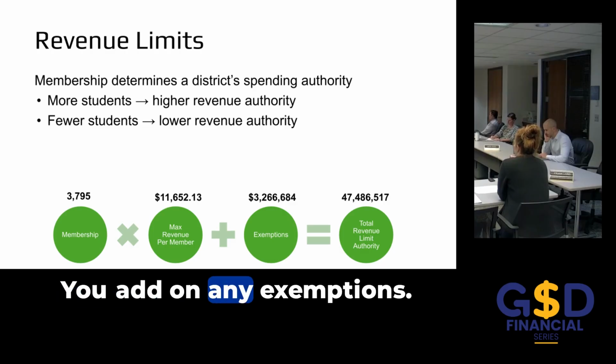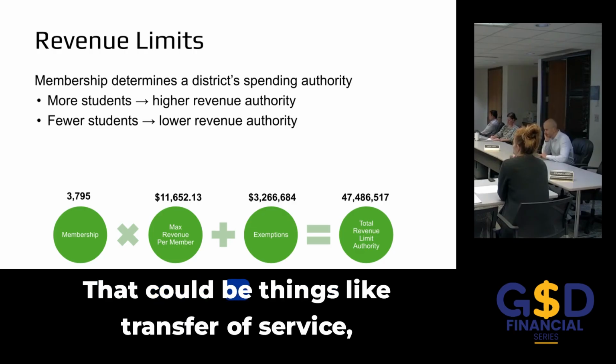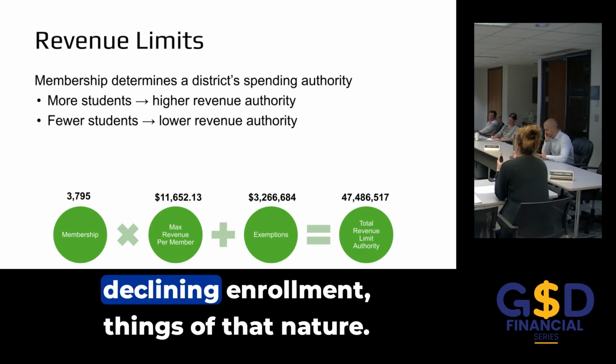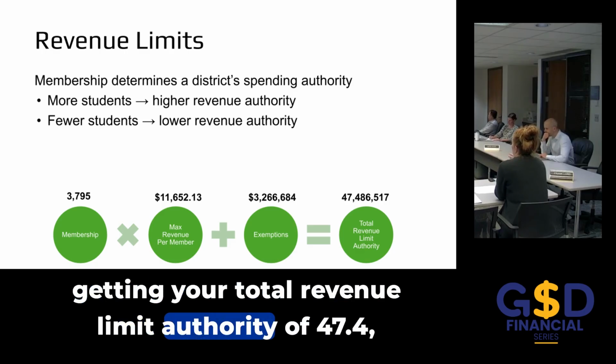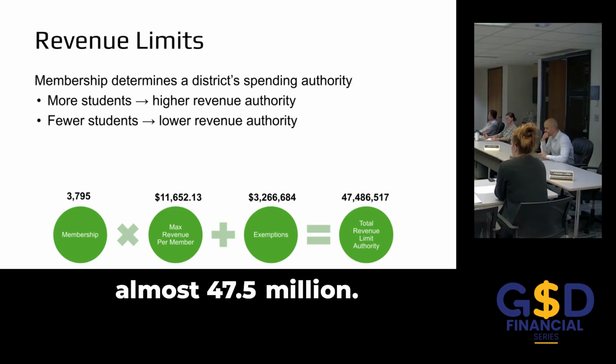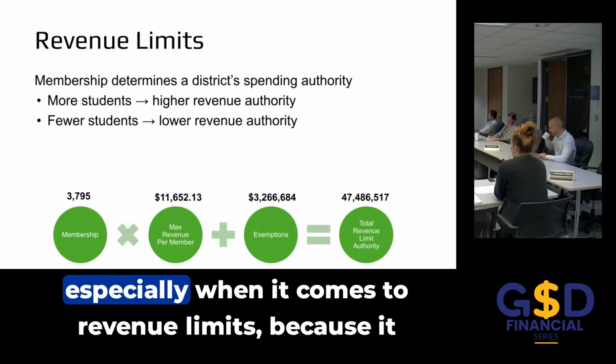You add on any exemptions. In this case, it's just over $3.2 million in exemptions. That could be things like transfer of service, declining enrollment, things of that nature. And if you do that calculation, you end up getting your total revenue limit authority of 47.4, almost 47.5 million.